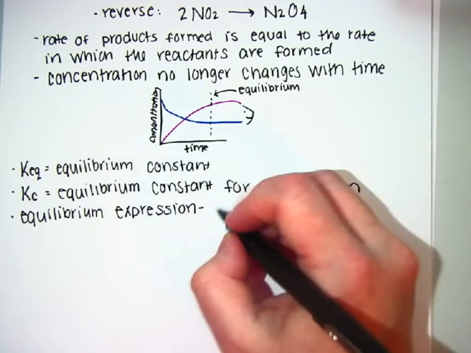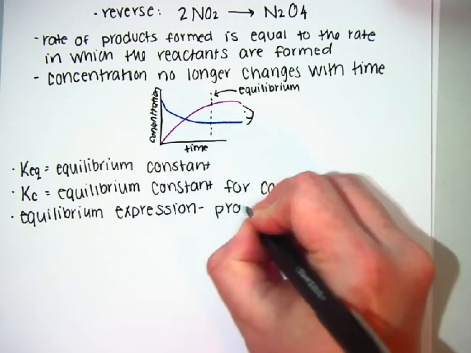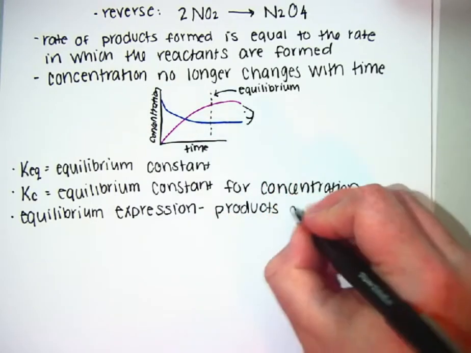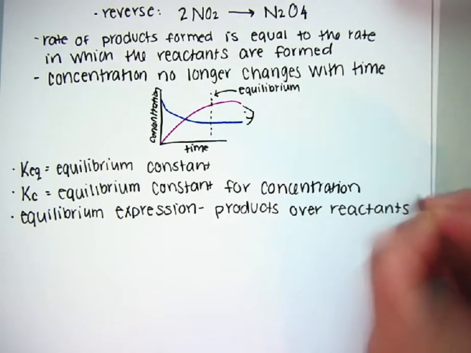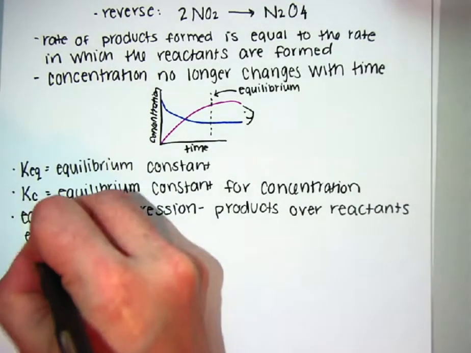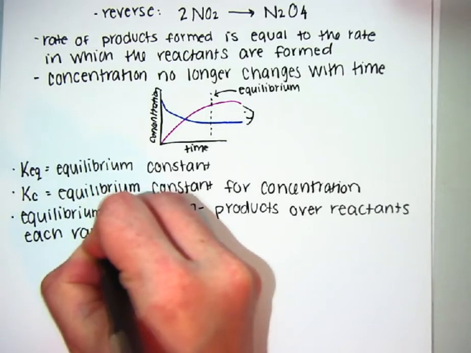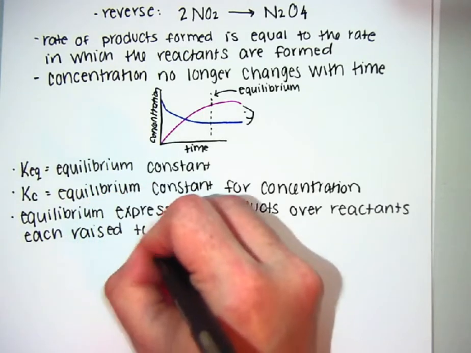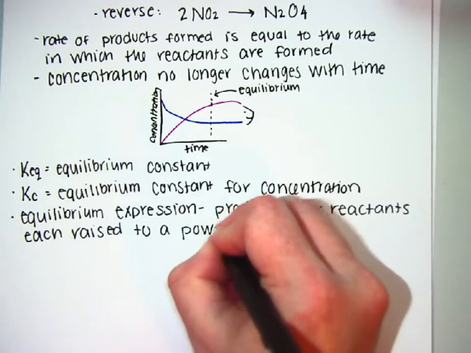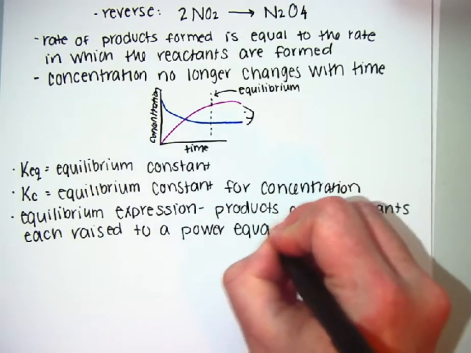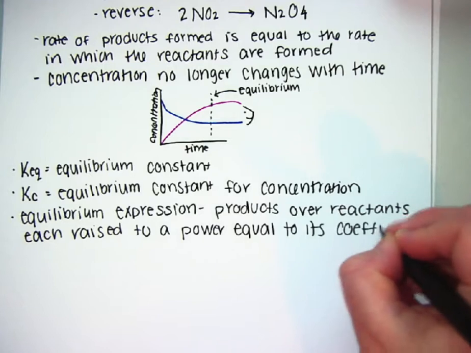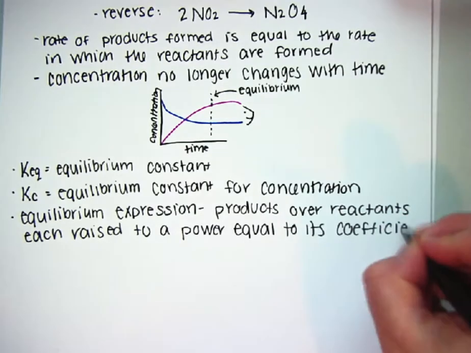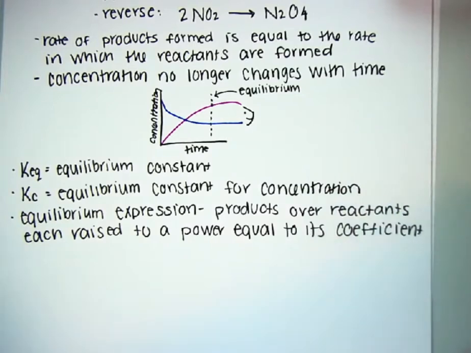So the equilibrium expression, the way that we are going to write this is products over reactants, each raised to a power equal to its coefficient. Products over reactants, each raised to a power equal to its coefficient.